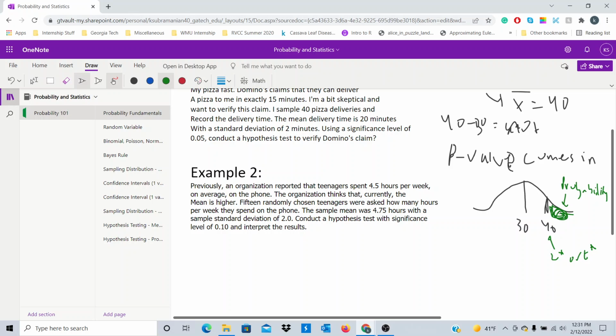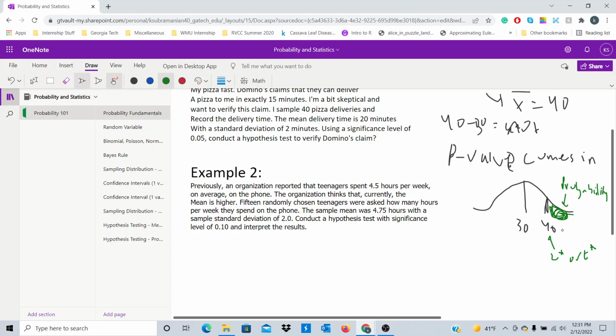So by getting this probability and comparing against the threshold, we can see, okay, if I'm getting a sample observation where the probability of getting something more extreme is very small, then that signifies that this 40-minute delivery time on average is something very surprising, and it's not just due to random chance. This is something kind of rare.